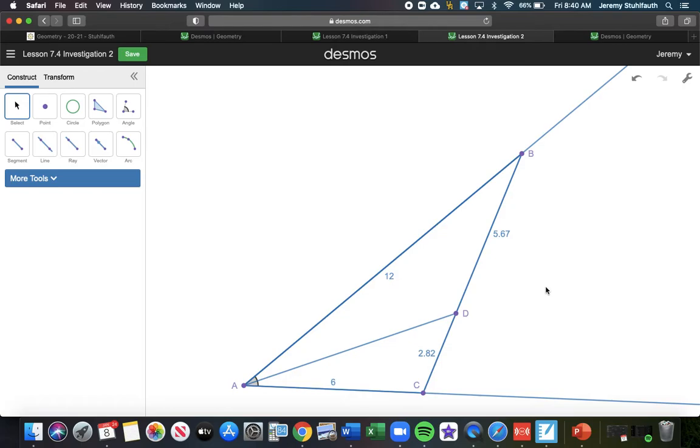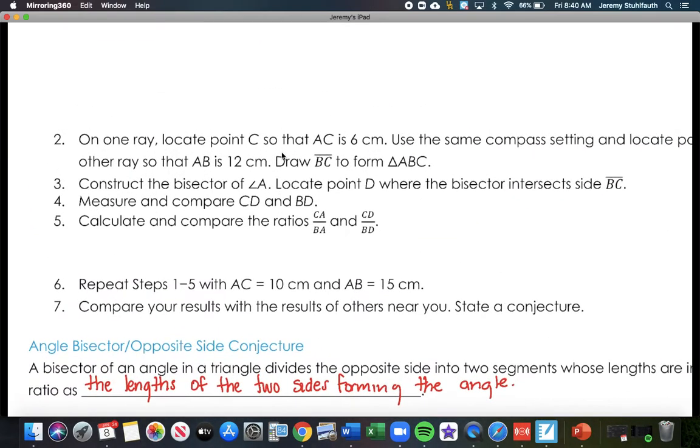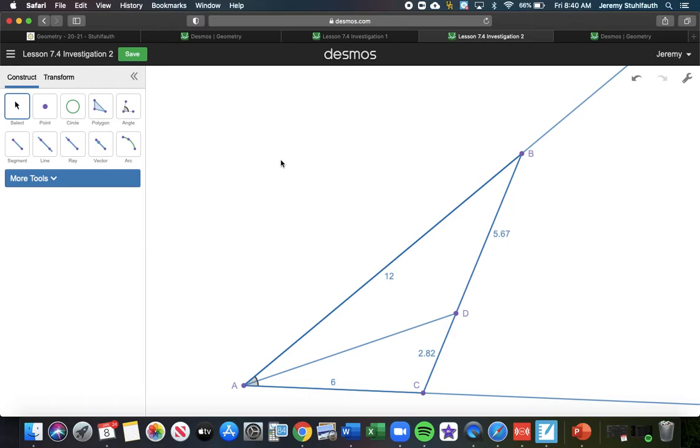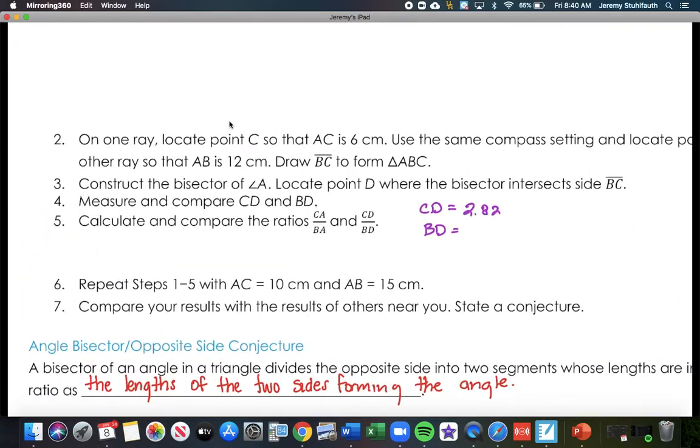So on your notes, the length of CD is equal to 2.82, and the length of BD is equal to 5.67.